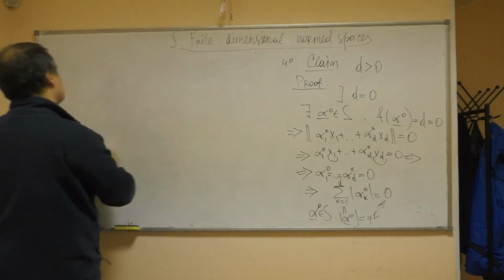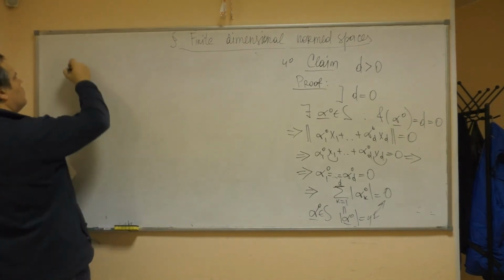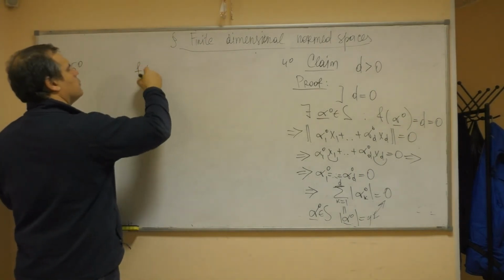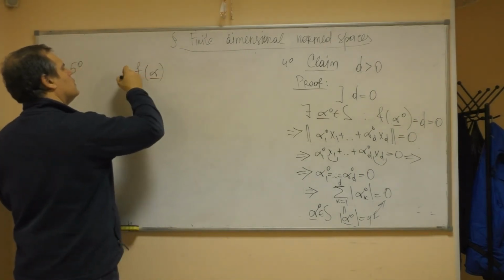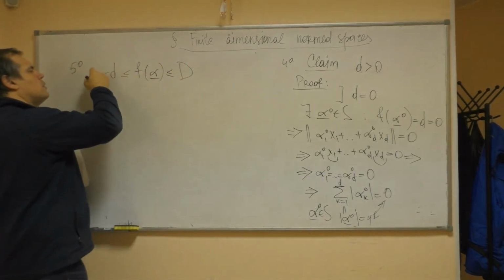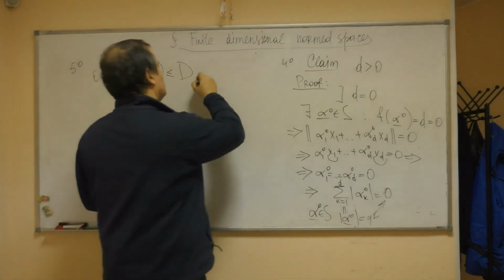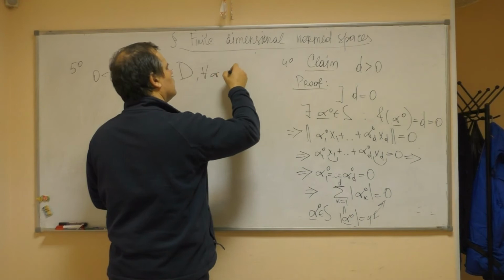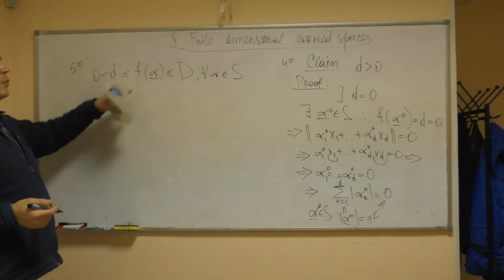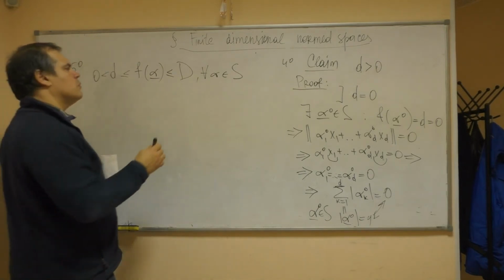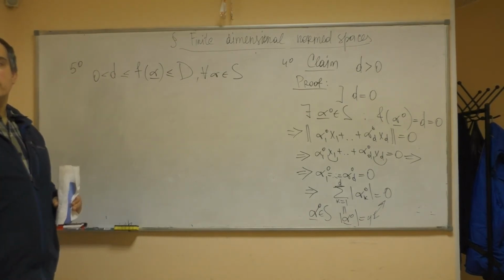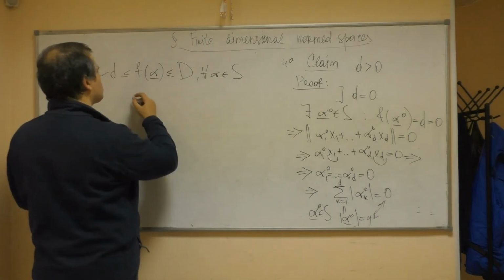Item number 5. We have proved that f from alpha is between small and capital D, and small d is also positive for each alpha from S. Let's try to reformulate it not in terms of alpha, but in terms of initial variables x from initial space.